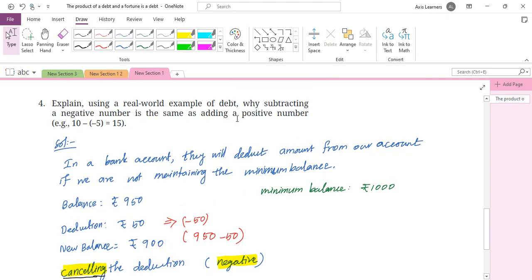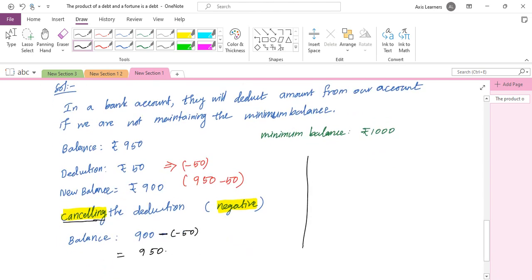So we can say by using this example why subtracting a negative number is the same as adding a positive number. Look at this. If I add 900 plus 50, the answer is 950. Here I subtracted minus 50 from 900, so the answer is also 950. So my new balance is rupees 950. Got it?